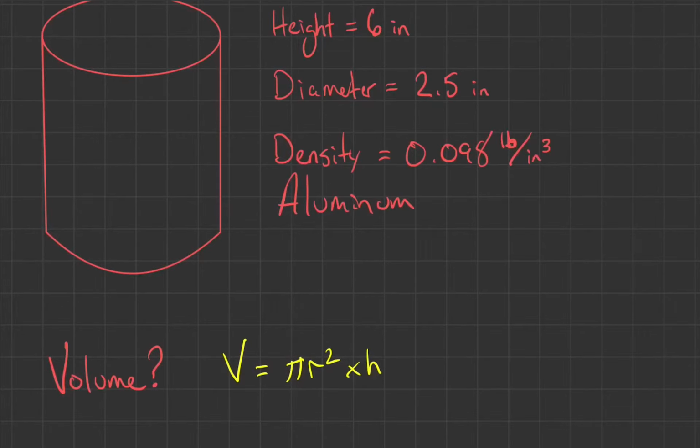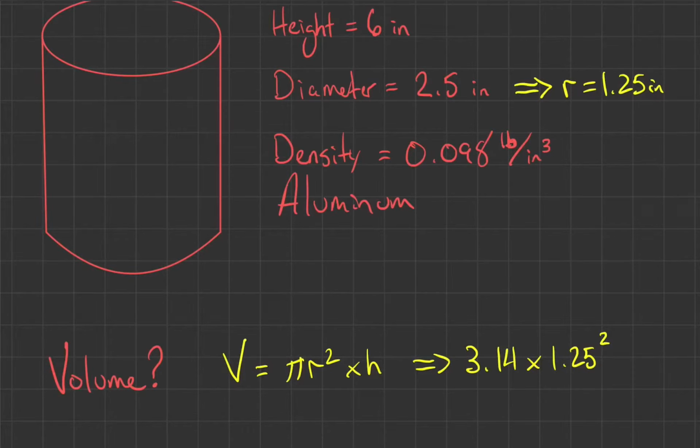Pi is equal to 3.14, and then we multiply that by our r, which is half of our diameter. Our diameter is 2.5 inches, which means our radius, or r, is going to be equal to 1.25 inches. So this is 1.25, and that's squared. And then we're going to multiply that by our height, which is 6 inches.